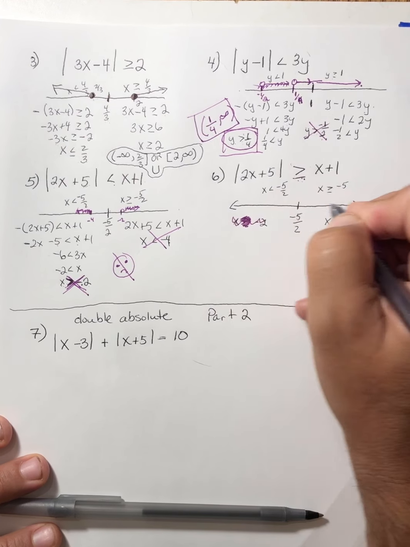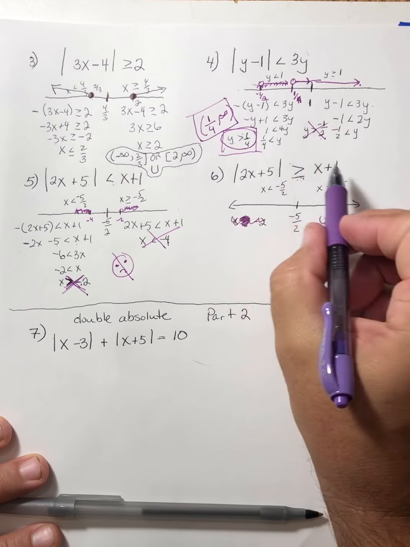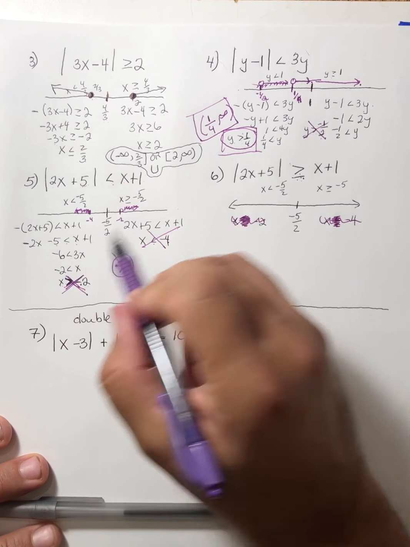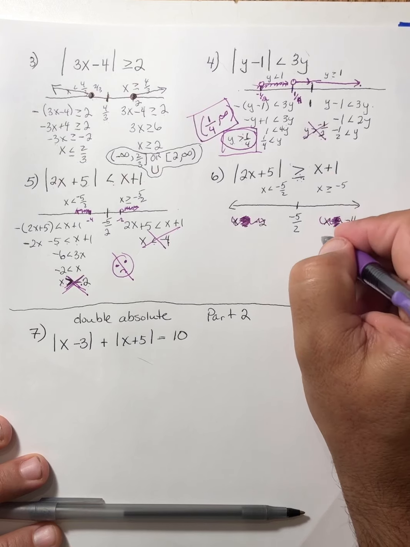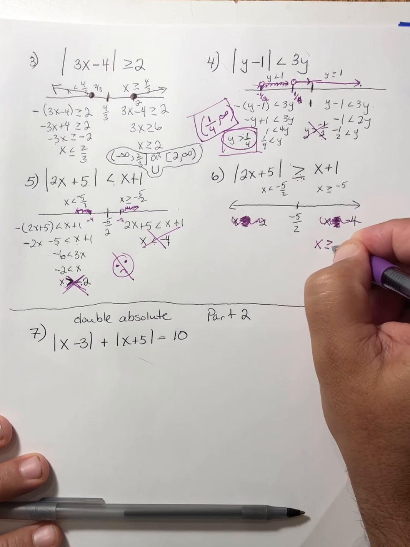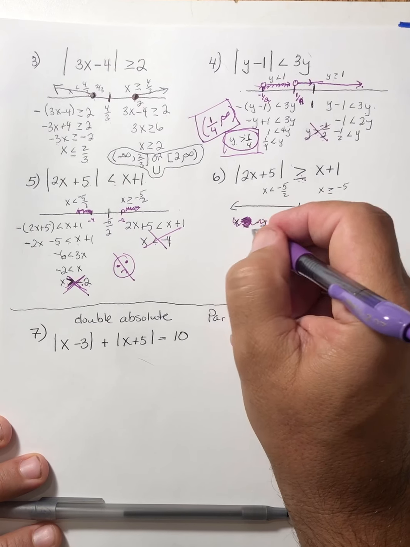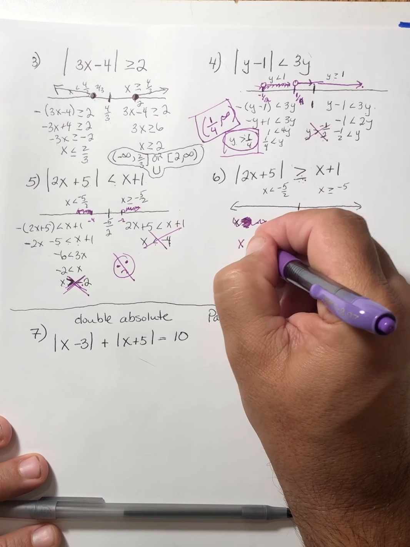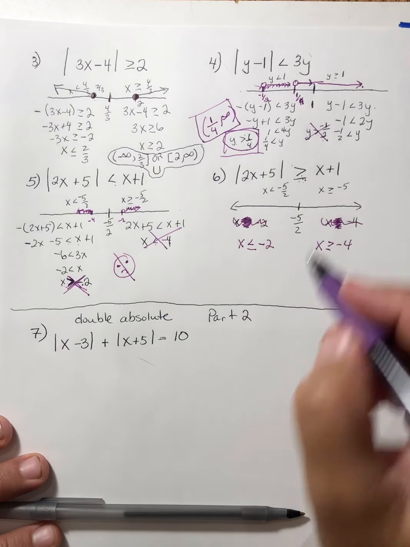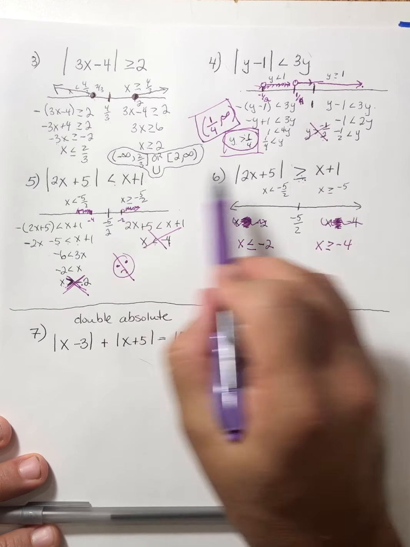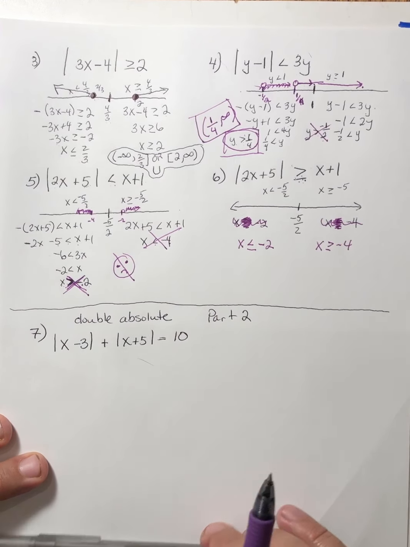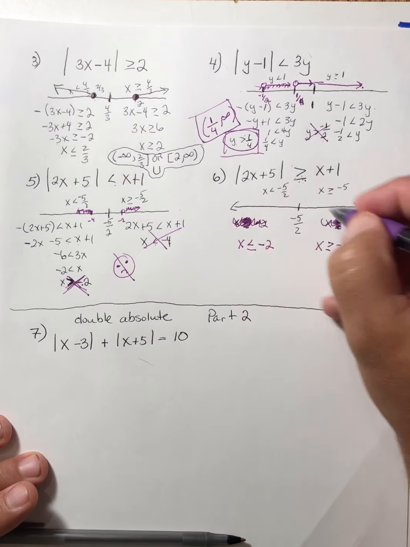Here, let me do this again. I flipped this inequality, so each of these inequalities get flipped. That my final answers get flipped. So this is x is greater than or equal to negative 1/4, and this was x is less than or equal to negative 2. There. Once I flipped this inequality, these two answers got flipped. Okay. All right, so we got that fixed.